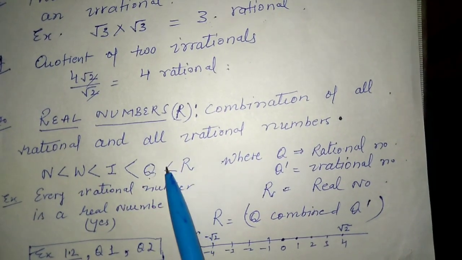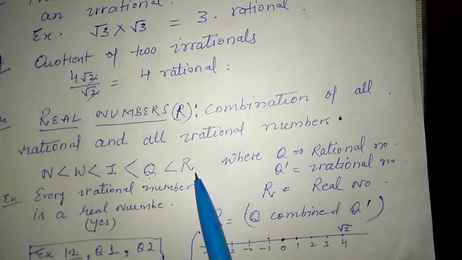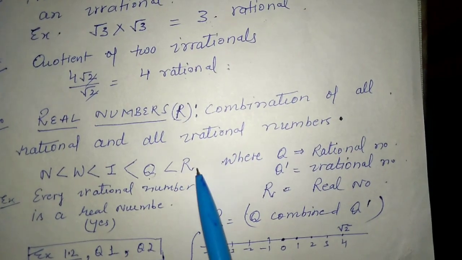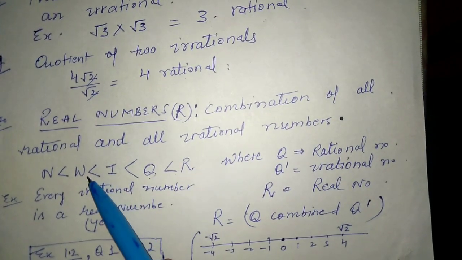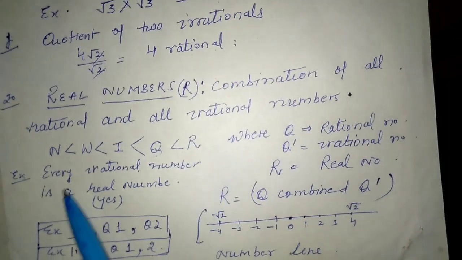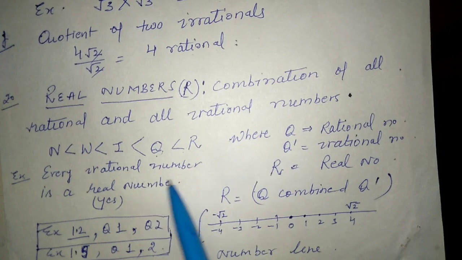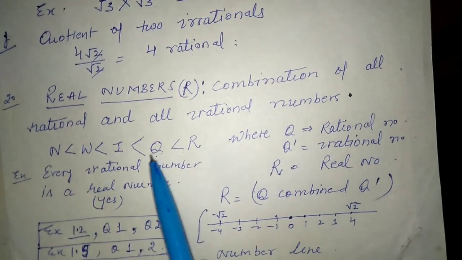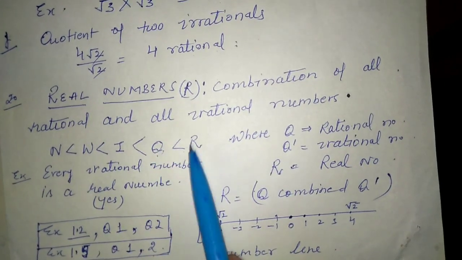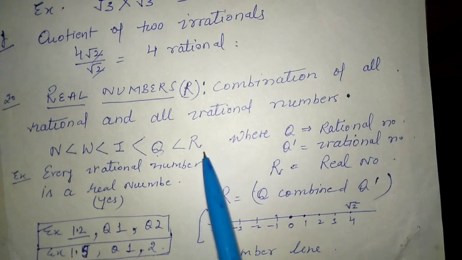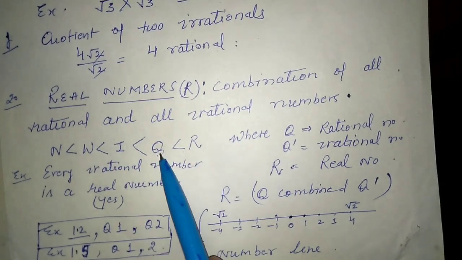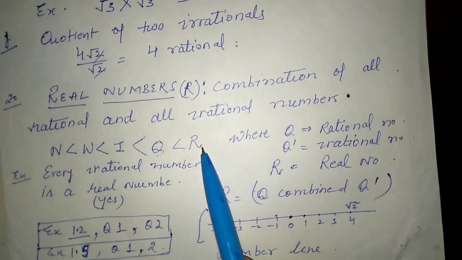But now the greatest group is the real numbers. Real numbers are greater than all these numbers. Is every irrational number a real number? Yes, because real number is everything. So every irrational number is a real number.